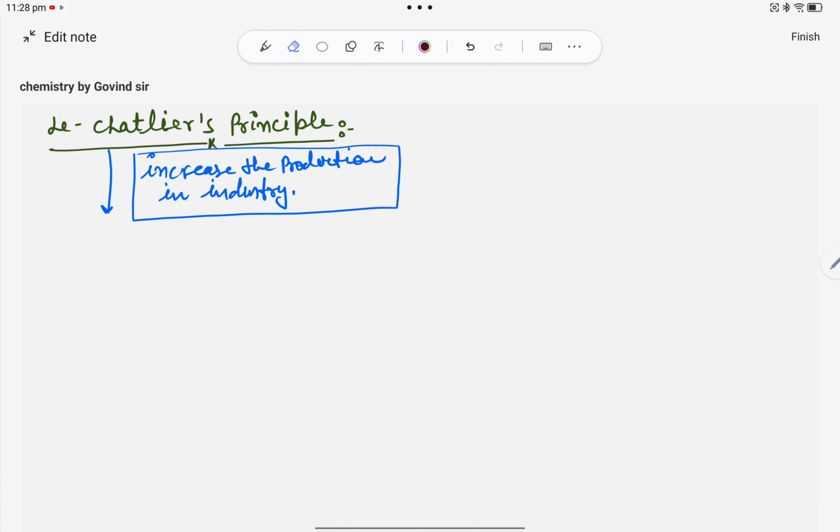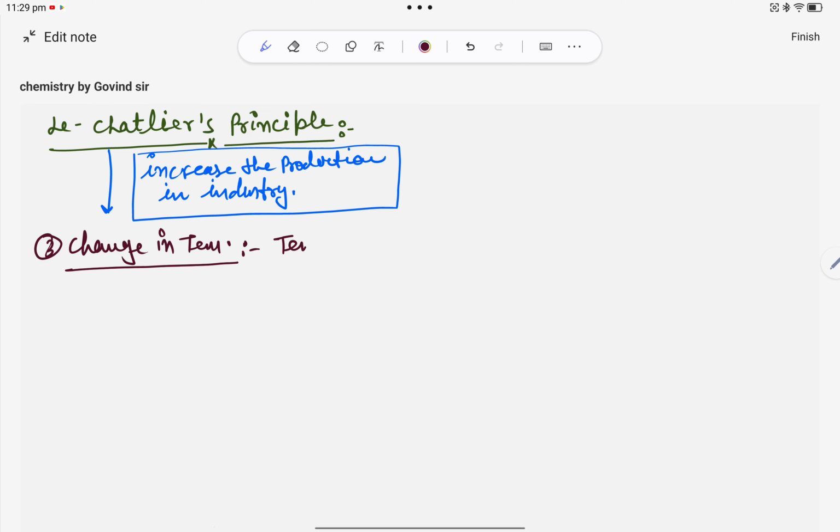Come to the next part, that is temperature. Change in temperature, the third point.